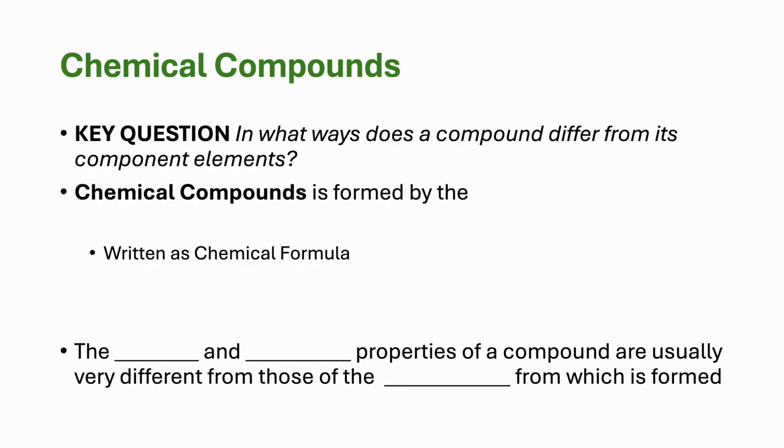So let's talk about chemical compounds. When we're looking at chemical compounds, our first key question is, in what ways does a compound differ from its component elements? In other words, when we combine two elements together, what's different? A chemical compound is formed by the chemical combination of two or more elements.